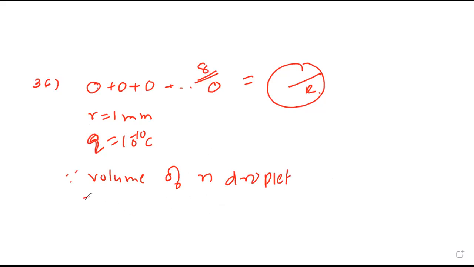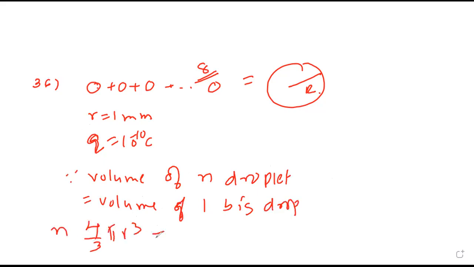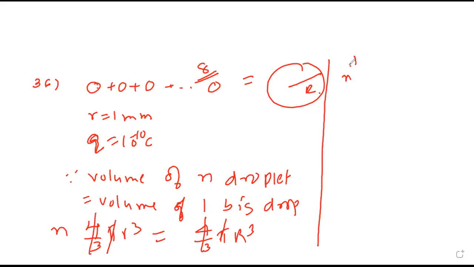Volume of n droplets equals volume of one big drop. So n times 4 by 3 pi r cube is 4 by 3 pi capital R cube. So n raised to 1 by 3 into small r is capital R.